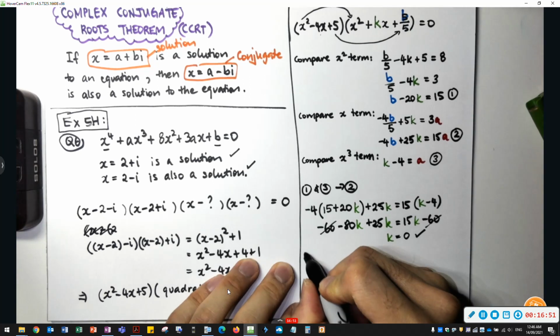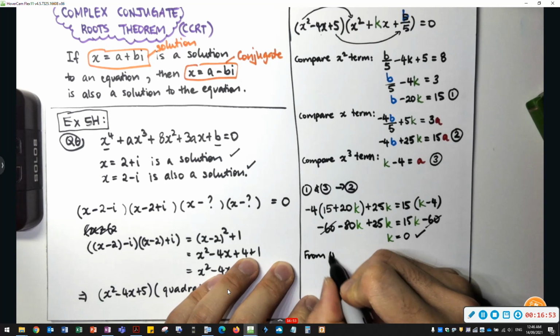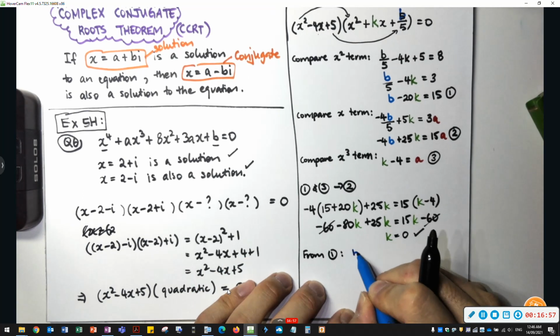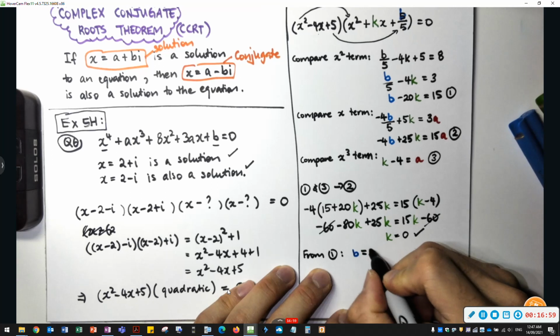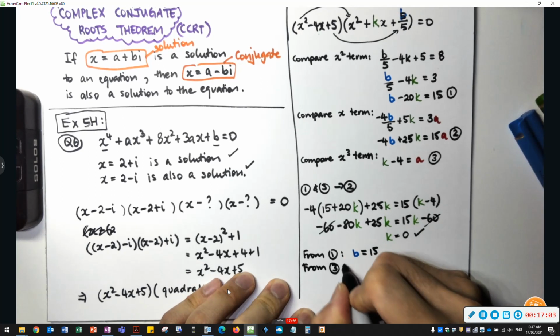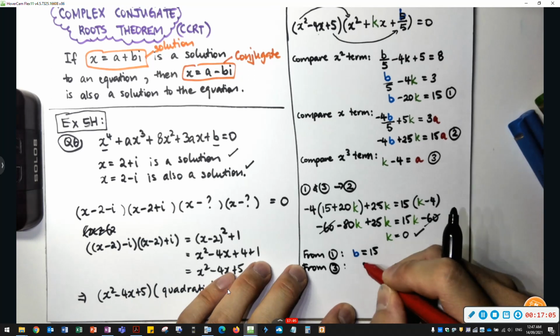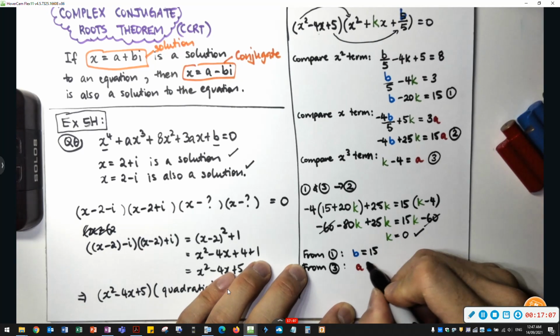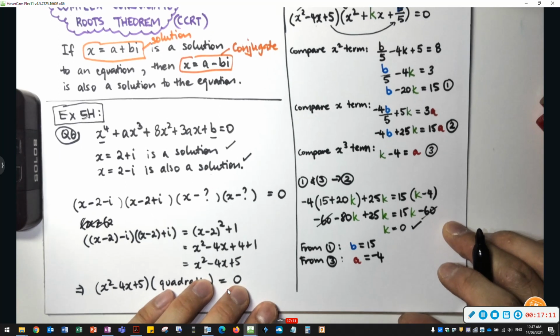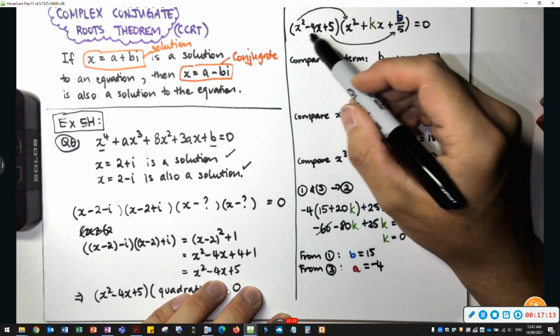So from equation 1, you'll get that b equals 15. And then from equation 3, you'll get a equals negative 4. Let's write our solution now. So we're getting the factorized process, okay?